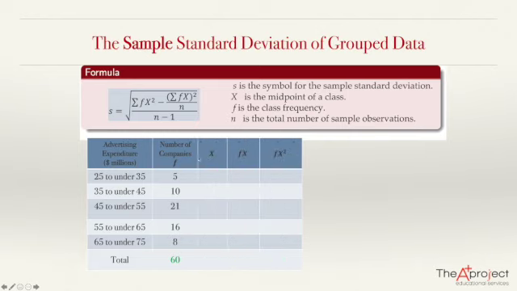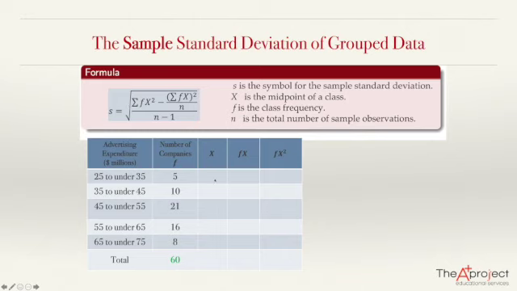After I get x, I can get fx by multiplying the number in f and the one in the midpoint column. And finally, we're going to get fx squared. I need the sum of the fx, because that will be included in the formula, and the sum of the fx squared will also be in the formula.